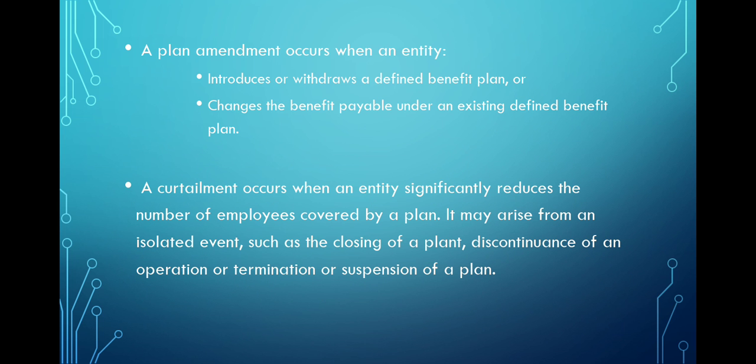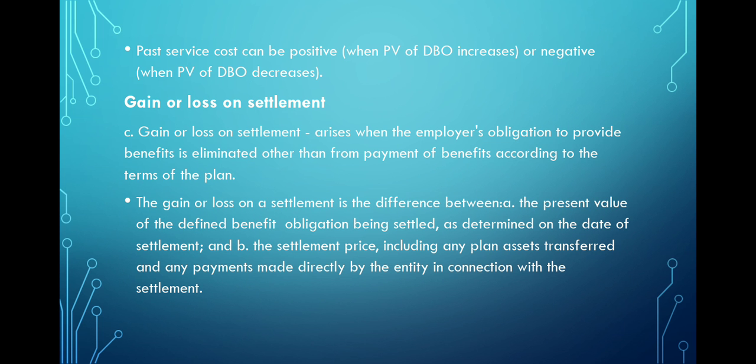It may arise from an isolated event, such as the closing of a plant, discontinuance of an operation, or termination or suspension of a plan. Now, past service costs can be positive when present value of DBO increases or negative when PV of DBO decreases.